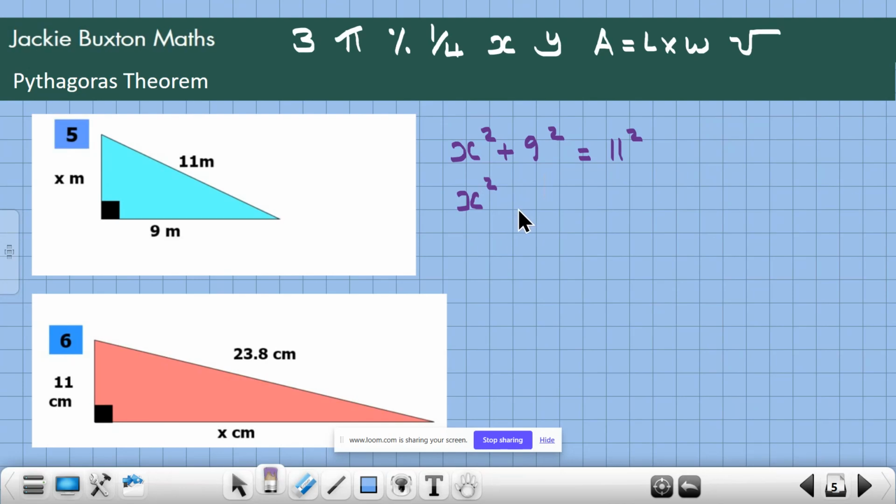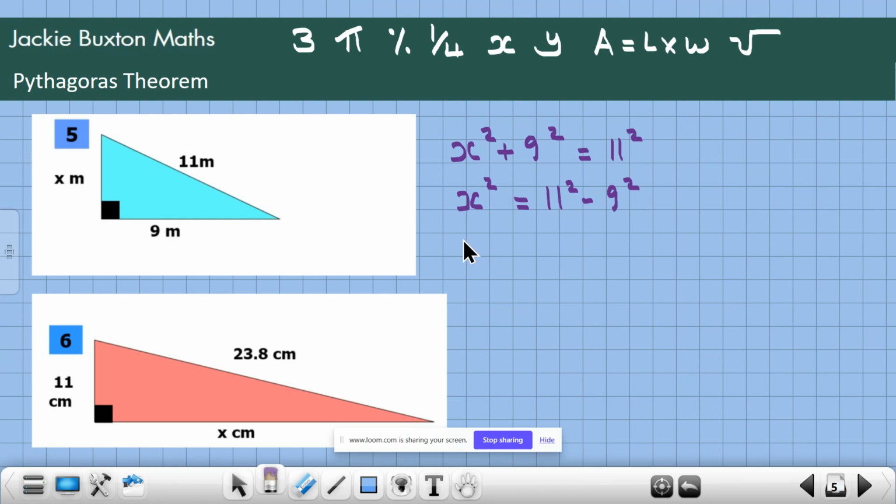So that's one way of looking at it. So it'll become 11 squared minus 9 squared. Or you can think of it as if these two added together make that, then that minus one of those is going to take us back to the other. Food for thought, you can have a think about that.